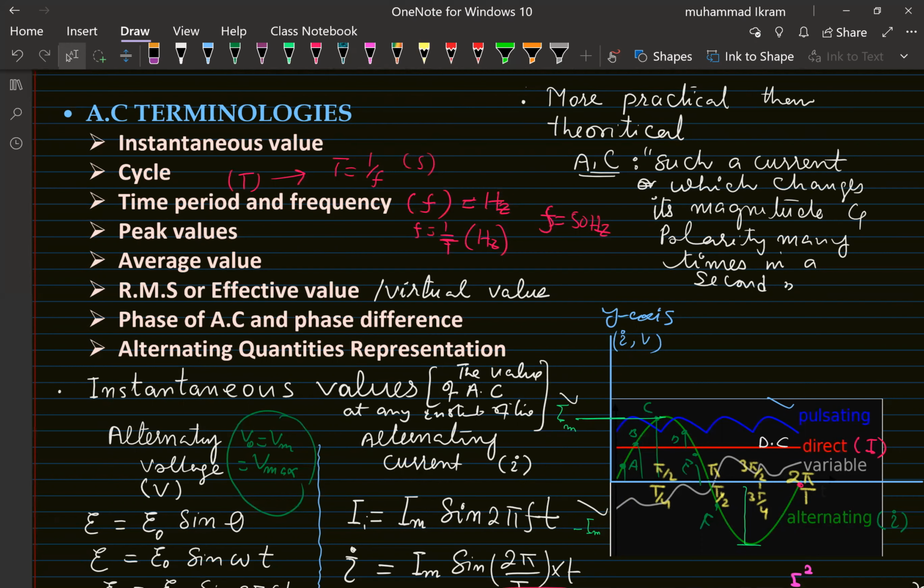Inshallah, I will explain phases of AC, phase difference and alternating quantities representation. They are not so simple that I can finish them within 2 or 3 minutes. I want to explain them in greater detail and more elaborately because we need them everywhere, and they are extremely important. So see you in the next lecture, inshallah.